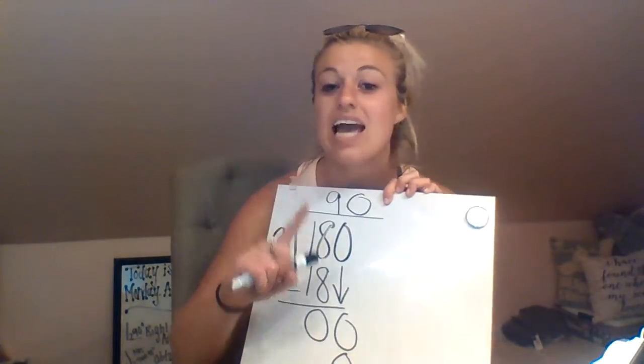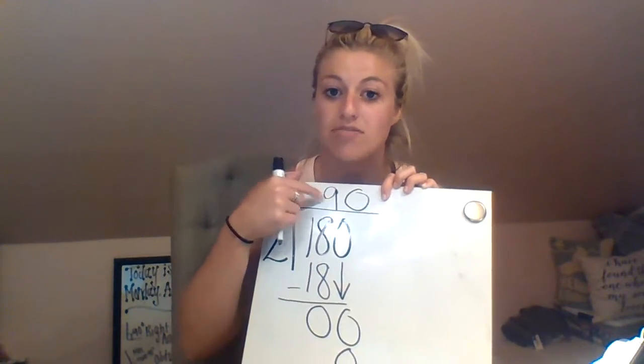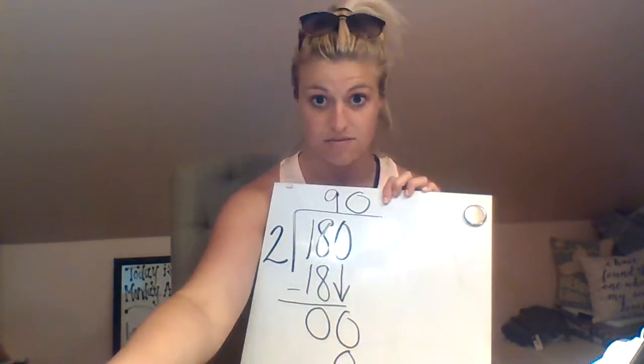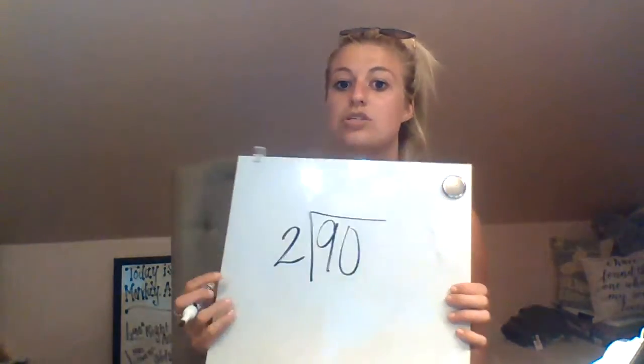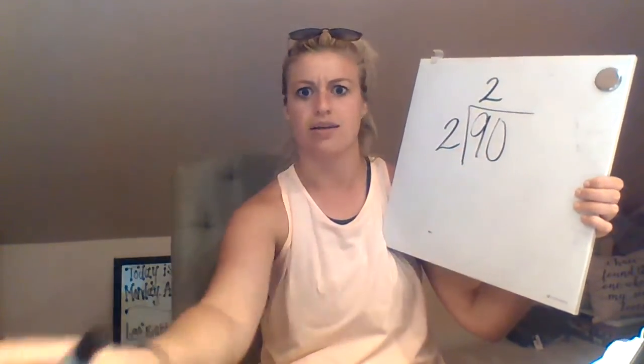Hold on. It says then have 2 more times. This was 1 more time. So now I have to do 90 divided by 2 again. So this will be our final step. So I'm going to do 90 divided by 2. 2 can go into 9 2 times. 2 times 2. I'm sorry. What am I doing?